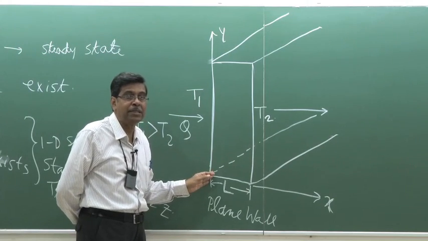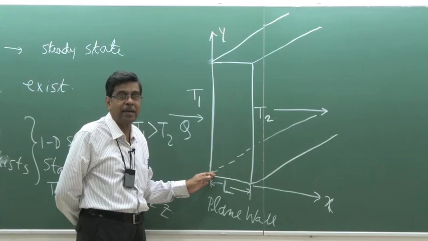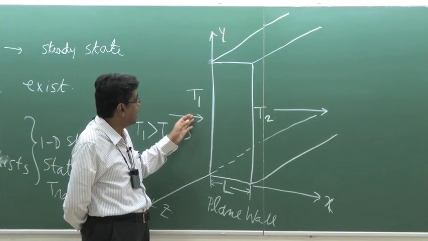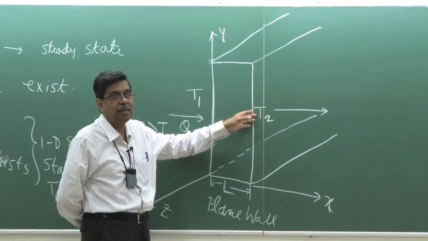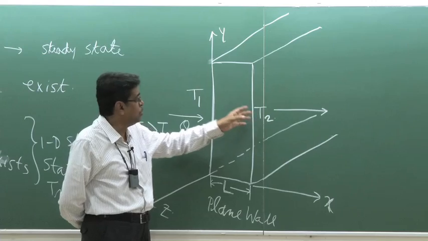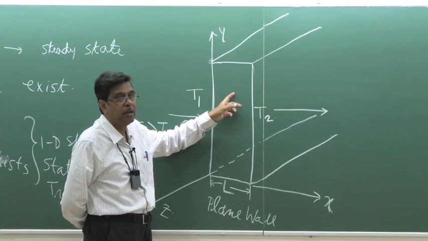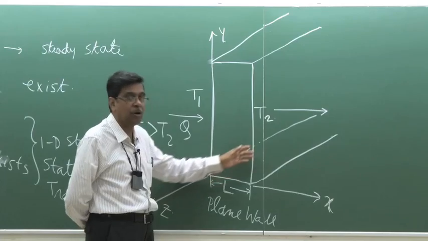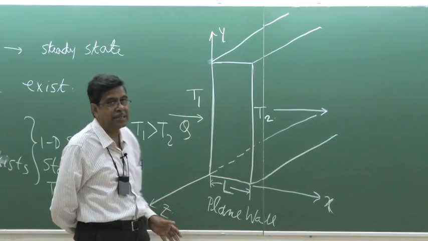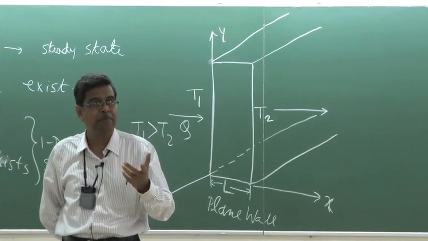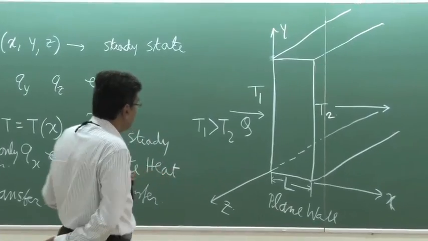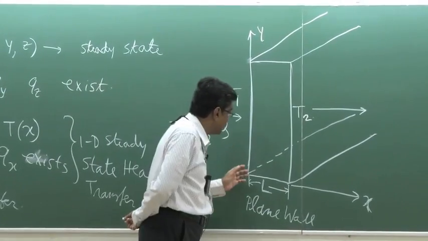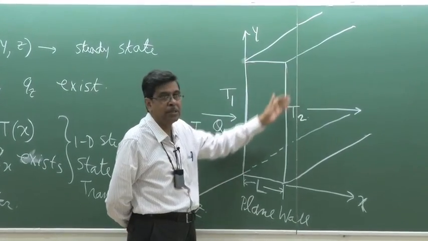Now, this case assumes a one-dimensional heat transfer. Why? Because temperature varies only in the x direction. By intuition the temperature at any point will be a function of x only, because in y and z they are constant. The boundary conditions have been made such that the problem is made one dimensional because of the boundary condition and the geometry.